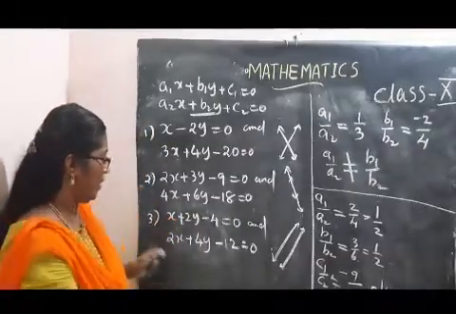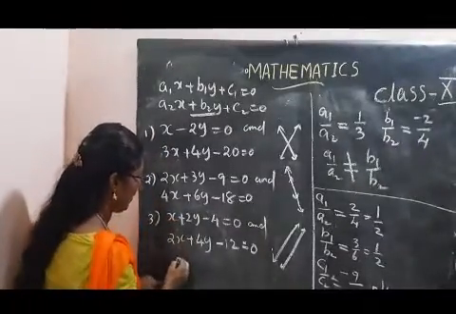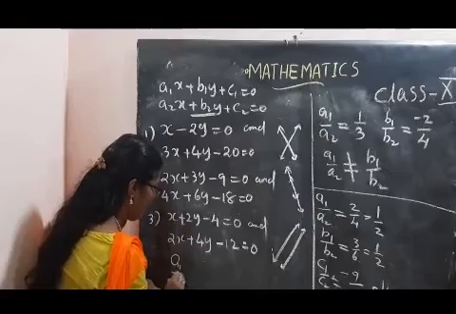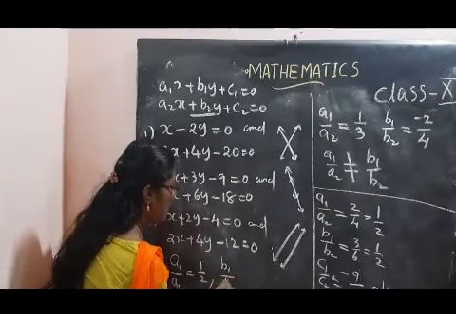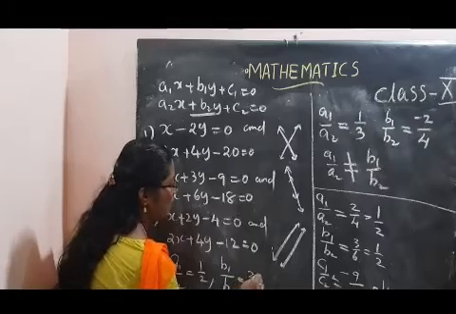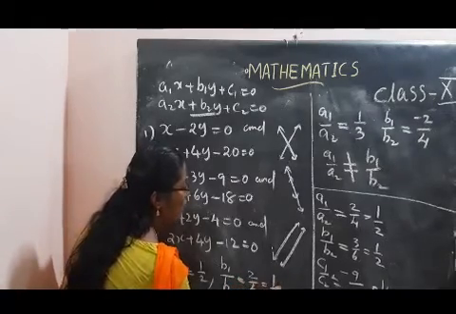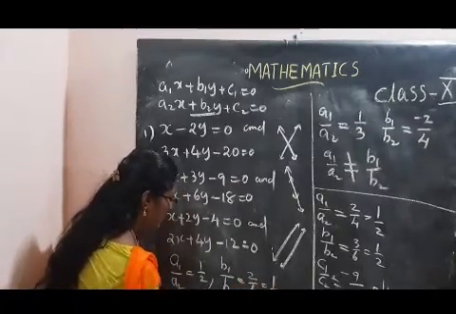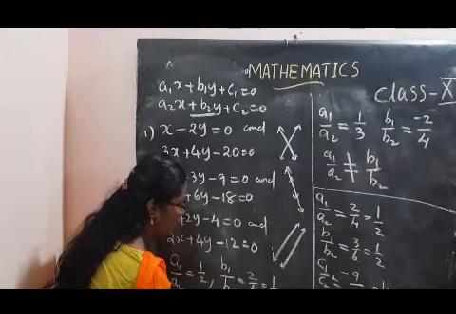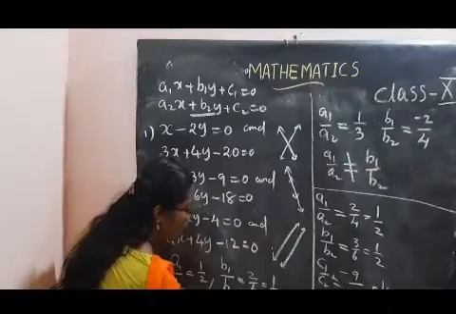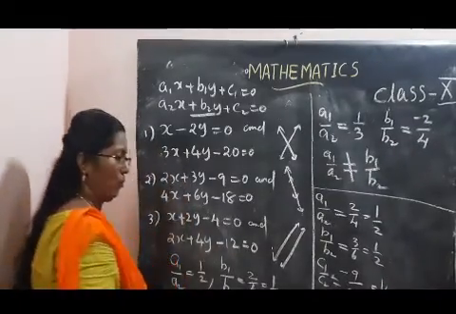Then the third example. Here a1 by a2 equal 1 by 2. b1 by b2 equal 2 by 4, that is also 1 by 2. And c1 by c2 equal minus 4 by minus 12, that is not equal to 1 by 2.